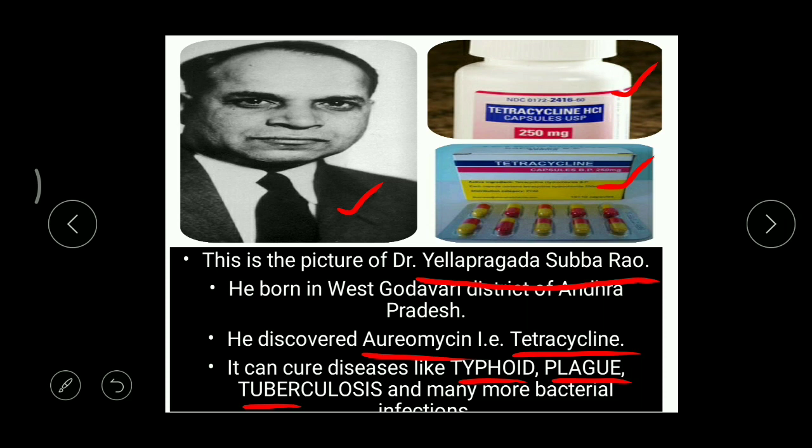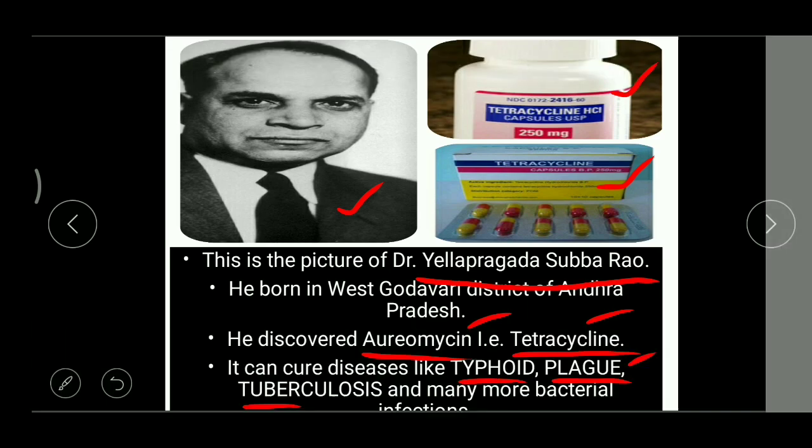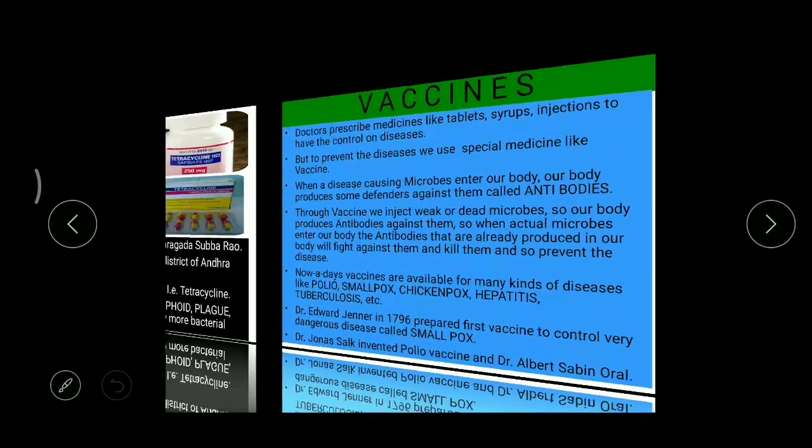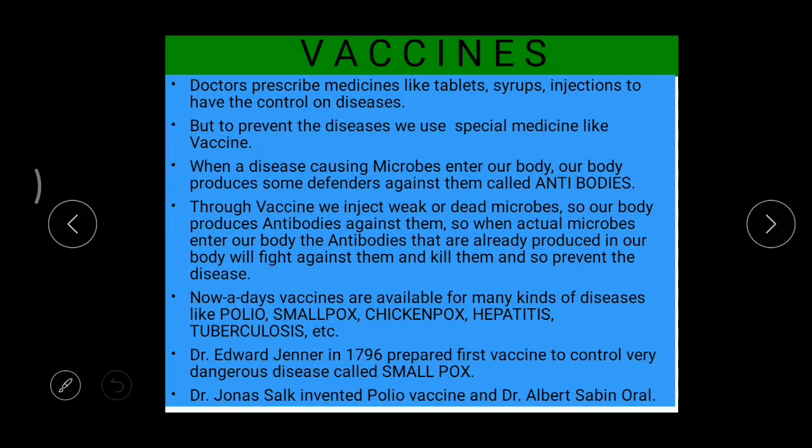So Dr. Y. Subbarao became famous for the discovery of aureomycin, or tetracycline, which is used to control bacterial infections like typhoid, plague, and tuberculosis. Clear? Right.